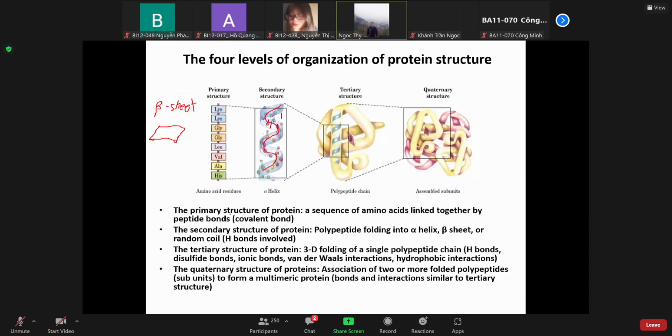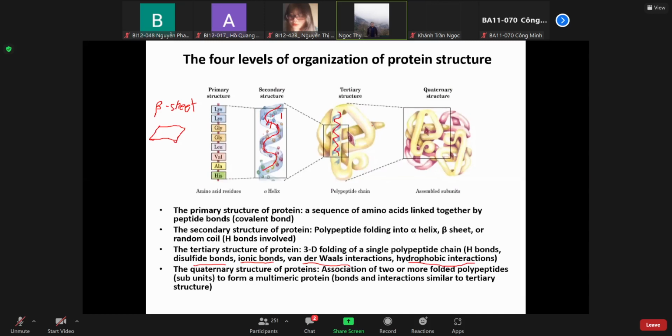This secondary structure, the alpha helix or beta sheet, will combine together by several non-covalent bonds, which could be hydrogen bonds, ionic bonds, disulfide bonds, van der Waals bonds, or hydrophobic interactions, to form a tertiary structure here, with several alpha helices and sometimes beta sheets.